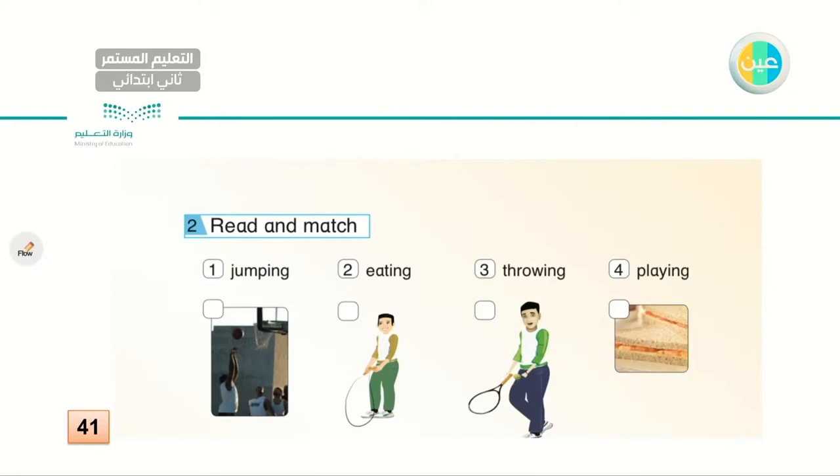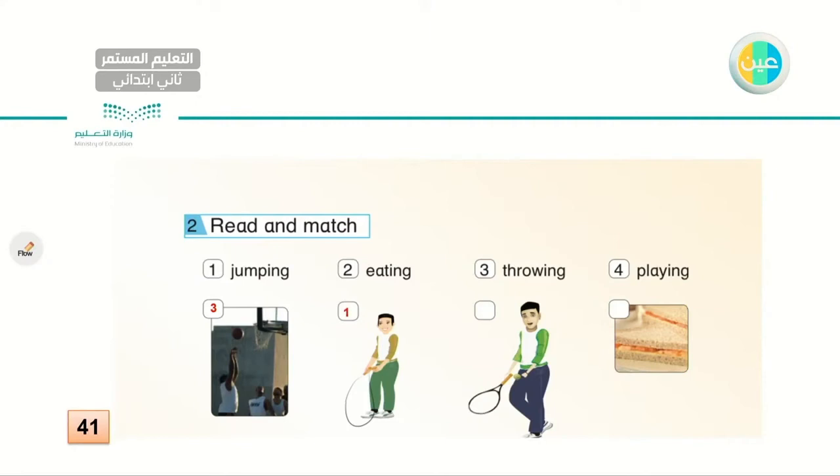With the first picture, what do you think? What is that? What is he doing? He is throwing. Very good. He is throwing a basketball. Very good. How about the next boy? He's holding a rope. What do you think? He is jumping. Very good. He is jumping. Excellent.